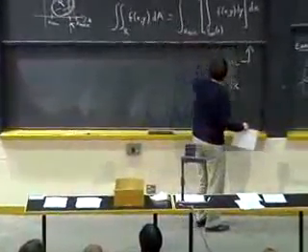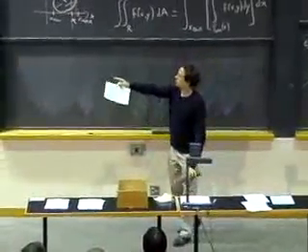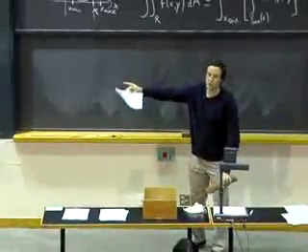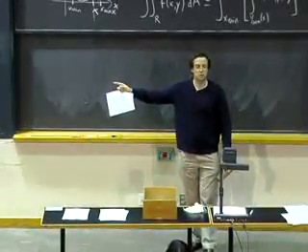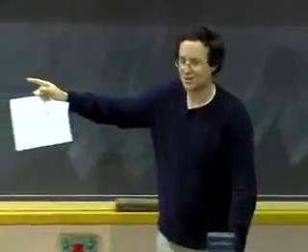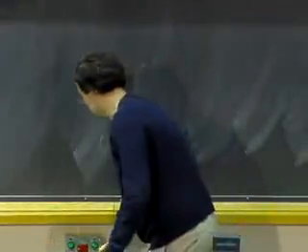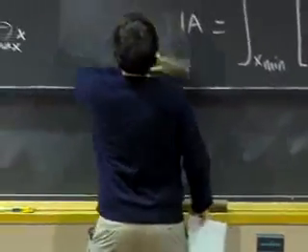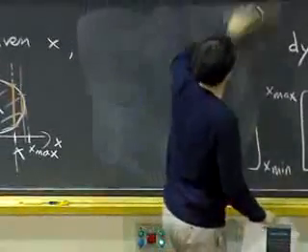Okay, now what does this show us? Well, this shows us that this is probably not the right way to do this. The right way to do this will be to integrate it in polar coordinates, and that's what we'll learn how to do tomorrow. So we'll actually see how to do it with much less trig.